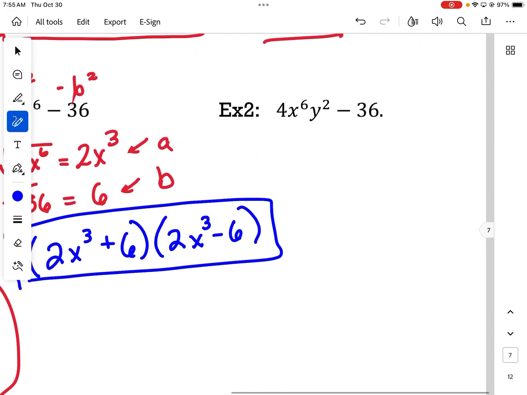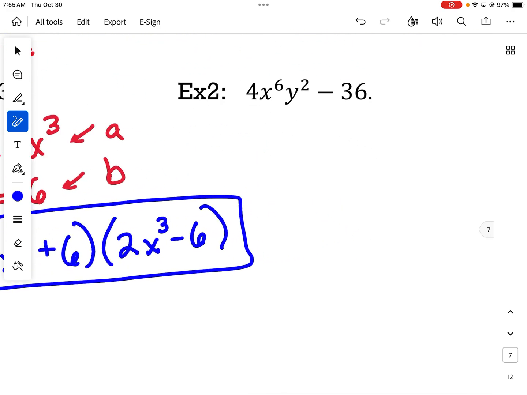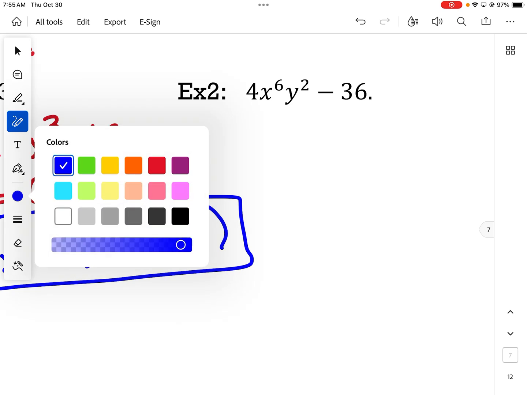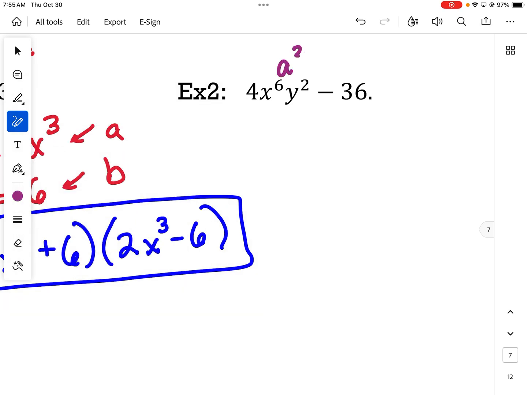All right, let's do example 3. All right, so it does x and y on this one. So this is going to be a squared. This is going to be b squared. So we need to find a and b. So take the square root of 4, x to the 6th, y squared.